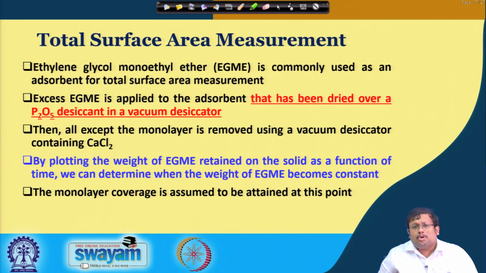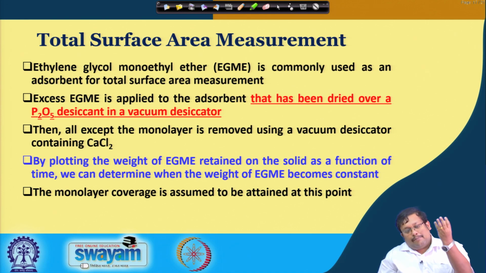Now, how to measure the total surface area? We also use ethylene glycol monoethyl ether, also known as EGME. We commonly use it as an adsorbent for total surface area measurement. Excess of EGME is applied to the adsorbent which has been dried over a P2O5 desiccant in a vacuum desiccator.